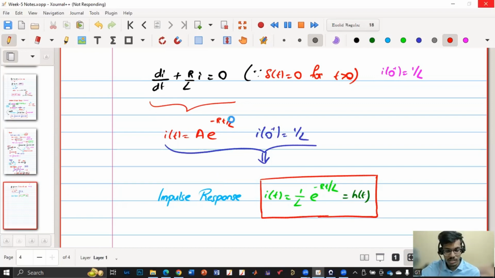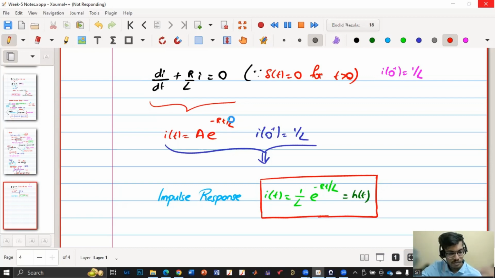The advantage is whatever we have discussed in the convolution theorem, that if I know the impulse response for a given system, then for any input, I can find out the output using the convolution theorem instead of solving the differential equation.